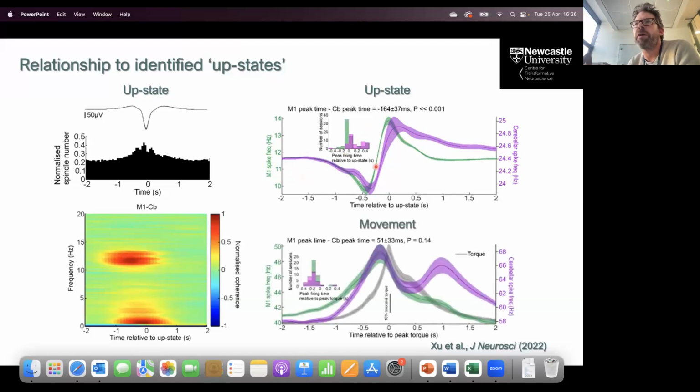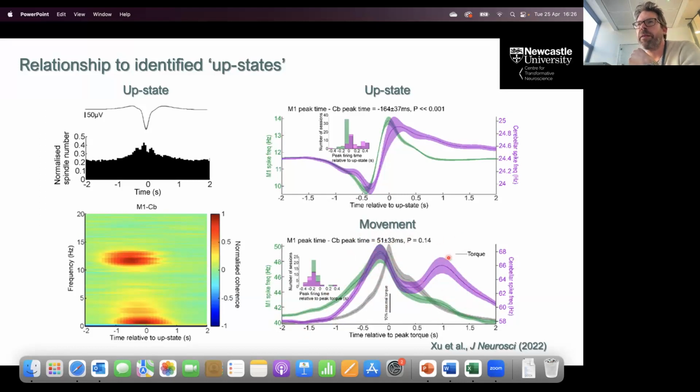So if we look during the day and during movement, and this was a trained task where we had animals making movements, you can see that the low frequency profile is similar, there's a rise and fall in activity as animals here were making wrist movements. But you can see that in this case, the cerebellum and the motor cortex are on average peaking in their activity at the same time related to movement.